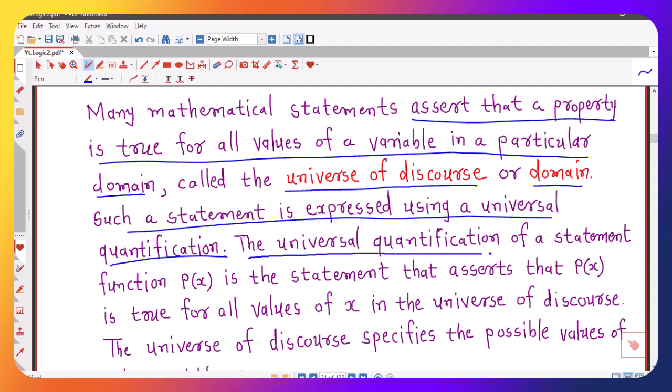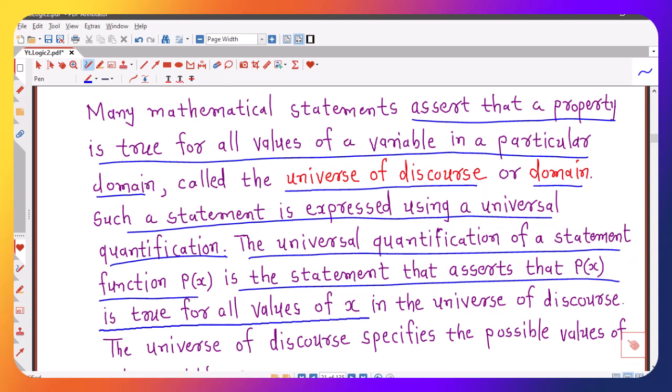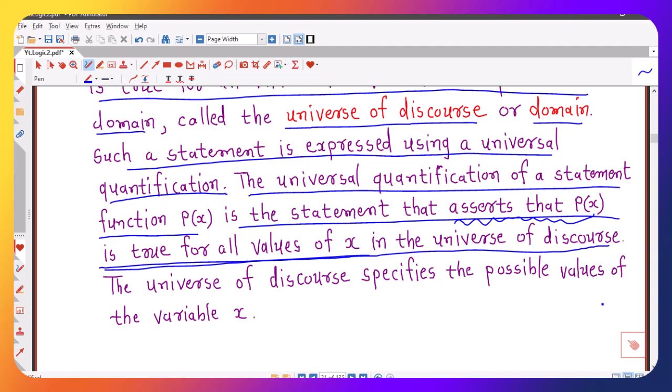The universal quantification of a statement function p(x) is the statement that asserts that p(x) is true for all values of x. This is very important. Universal quantification asserts that the statement function is true for all values of x in the universe of discourse, and the universe of discourse, that is the domain, specifies the possible values of the variable x.